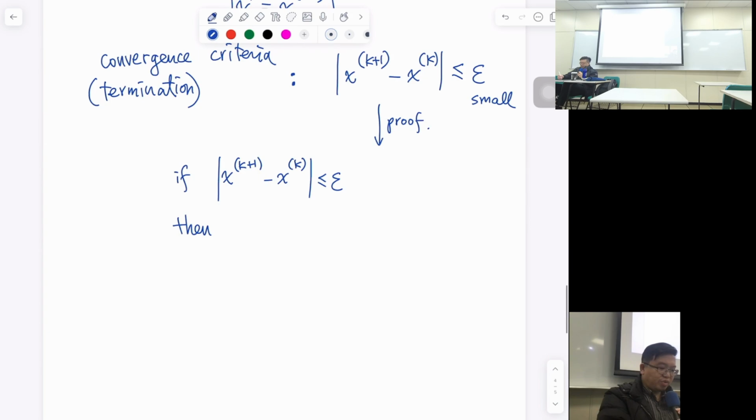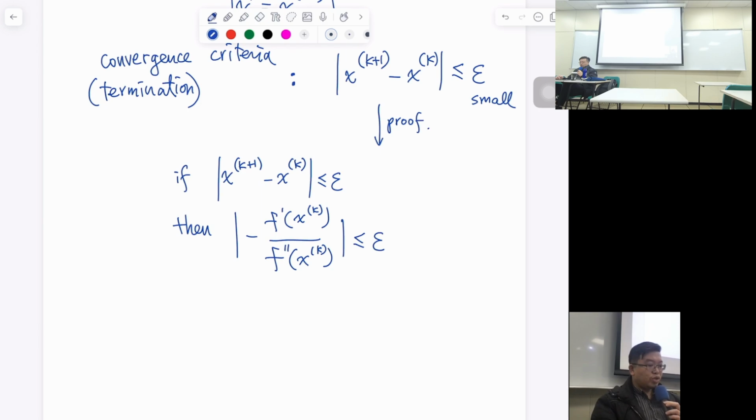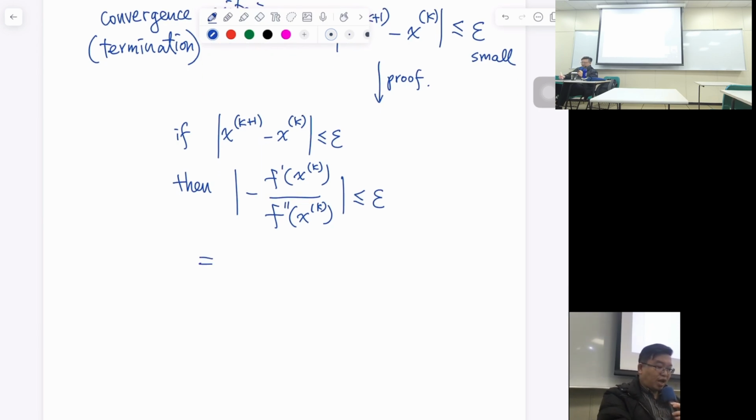This minus that would be negative f prime of xk over f double prime of xk. That means this must be very small, right? So that implies this f prime could be very close to 0. So if this is happening, then based on Newton's method, we believe it's the extreme point.